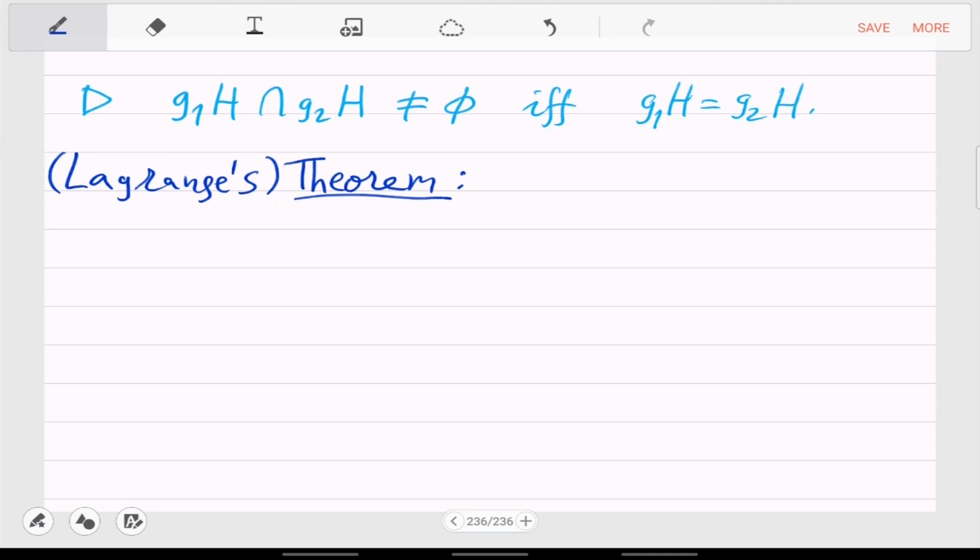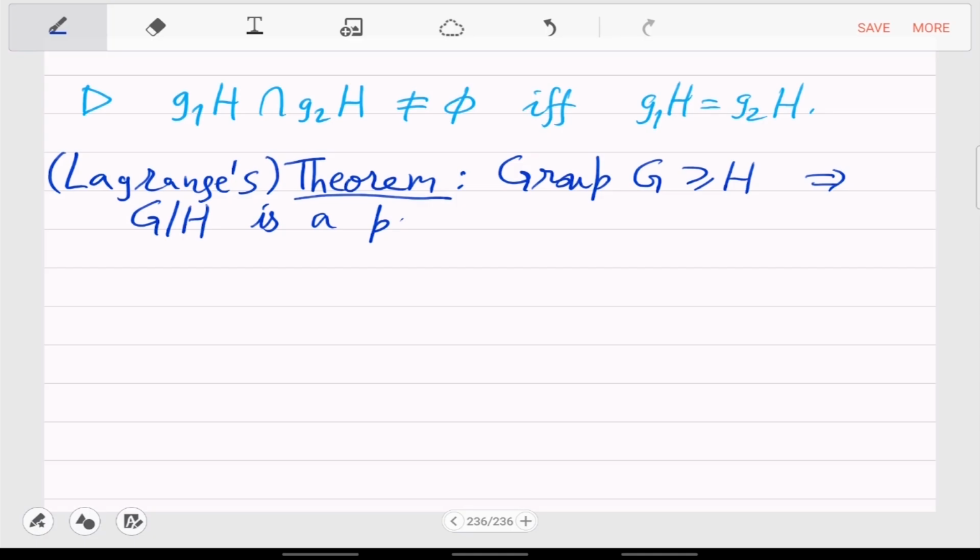We get that a group G and a subgroup H implies that G by H is a partition of G into equal parts.